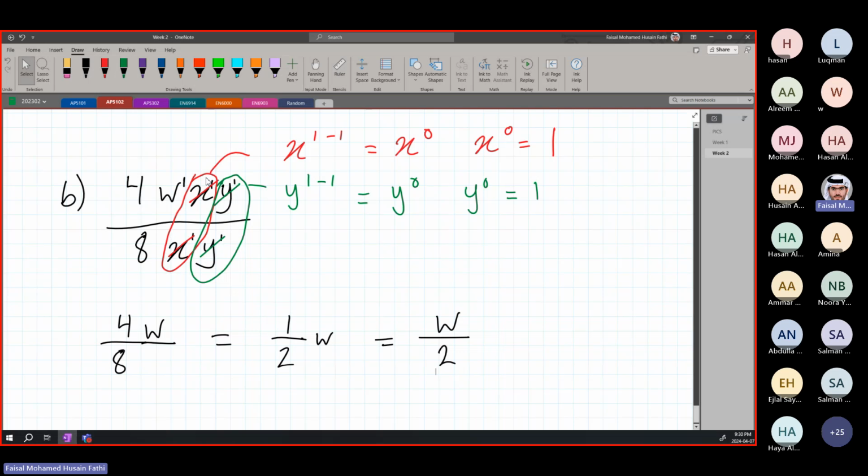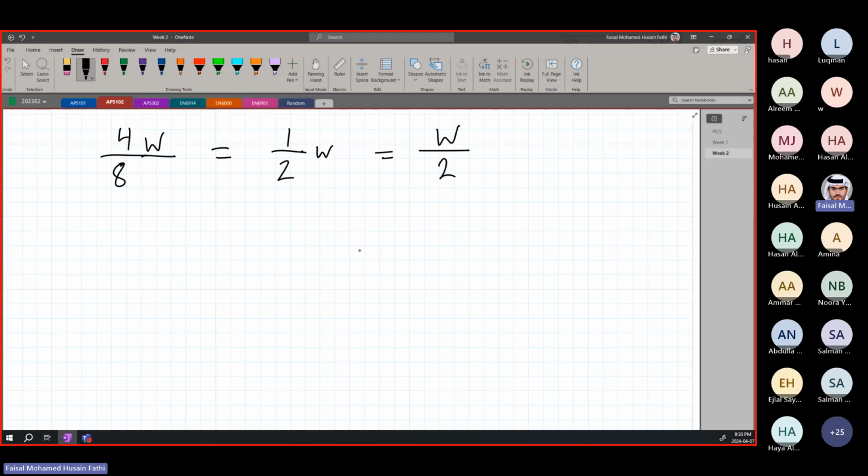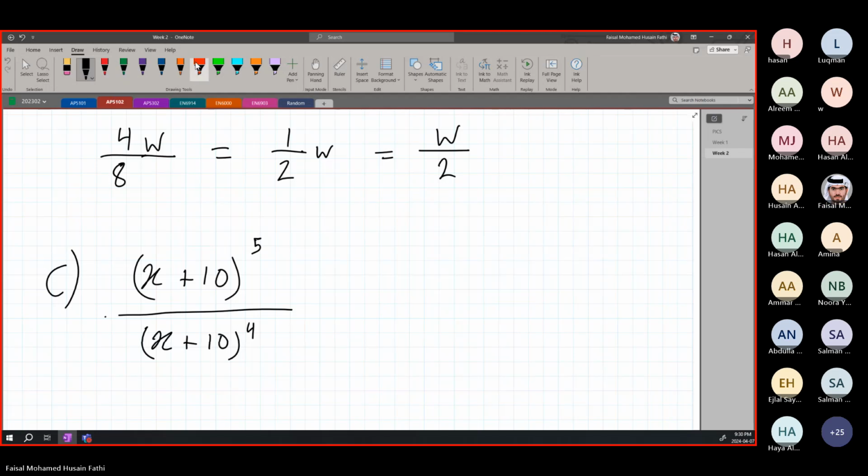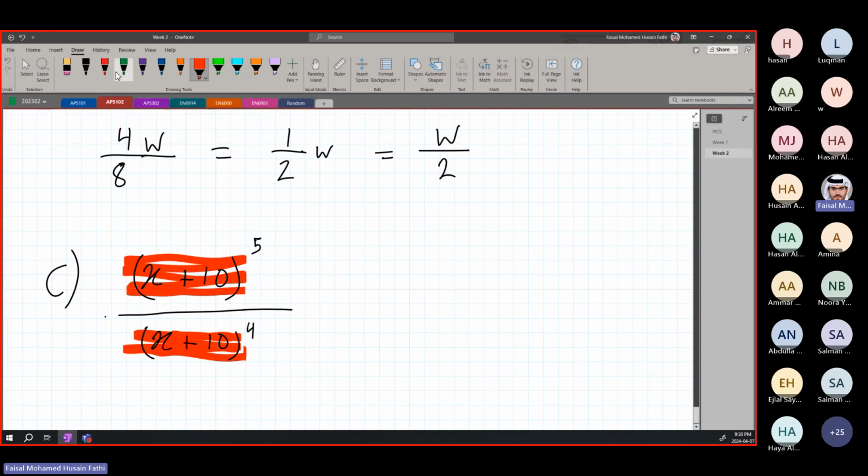This is what happens. We have the same power, we can directly cancel them out with each other. This is part B. Part C, you will apply the same exact concept that we learned, and then you will not change anything. So it's x plus 10 to the power of 5 over x plus 10 to the power of 4. And then, as long as the base is the same, it doesn't matter how complicated the base is. The rules will apply because you're only going to be looking at the powers.